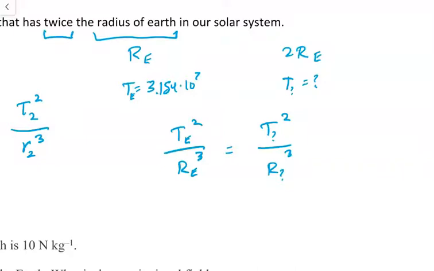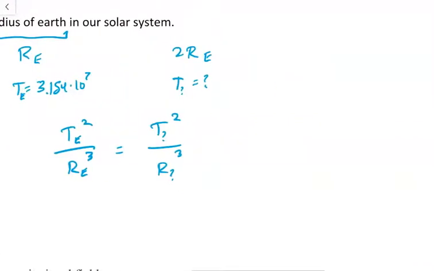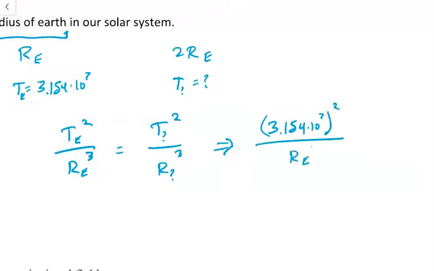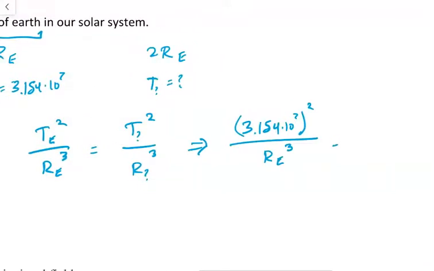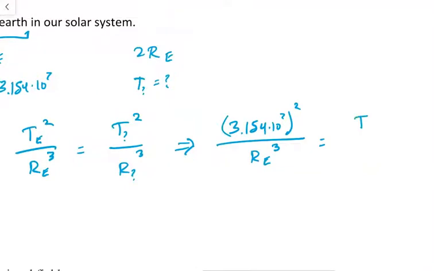Well, I'm going to plug in some things here. We know what the time period of Earth is, and we know what the radius of the new planet is. It's 2RE. So I'm going to take our values and plug this in: the time period of Earth is 3.154 times 10 to the 7th, squared, divided by my radius of Earth cubed, is equal to the new time period squared, which we don't know.